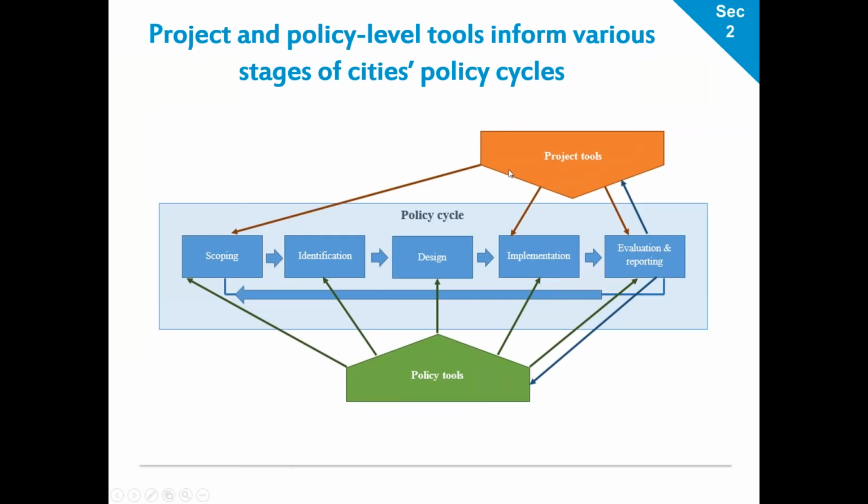And we have broken the universe of available public tools into project tools and policy tools. And so now I will hand the webinar over to Ksenia to walk through a decision tree that we developed to help guide stakeholders in cities to help select tools and understand what tools are available. Here you go, Ksenia. Thank you very much, Nate.